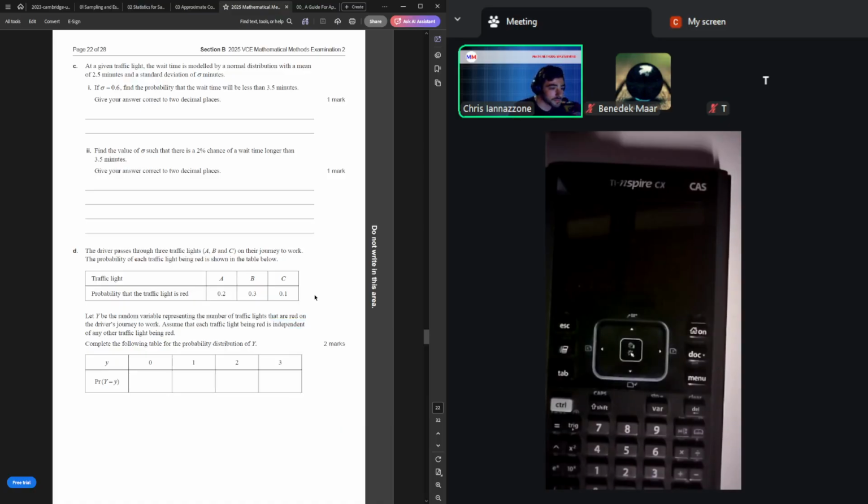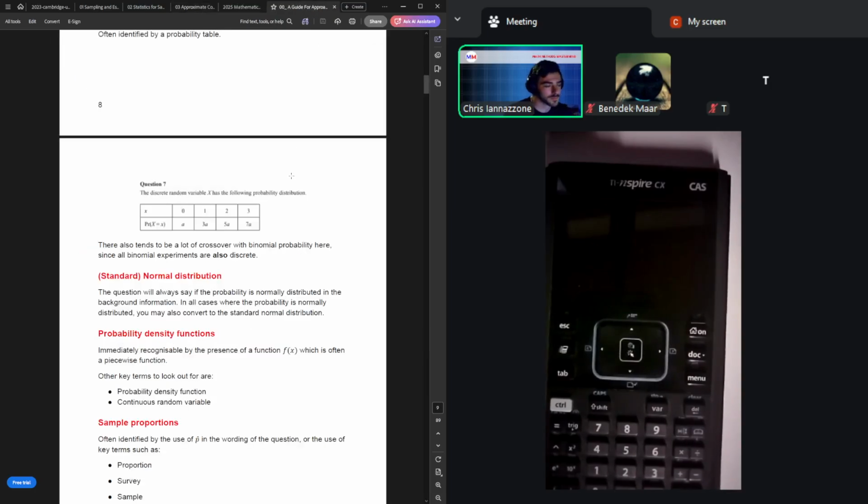But the fact that it's A, B, C, three outcomes, without reading any deeper, still probably reads as discrete probability rather than binomial probability, simply because binomial needs two outcomes. But as I said, there tends to be a lot of crossover with binomial here.